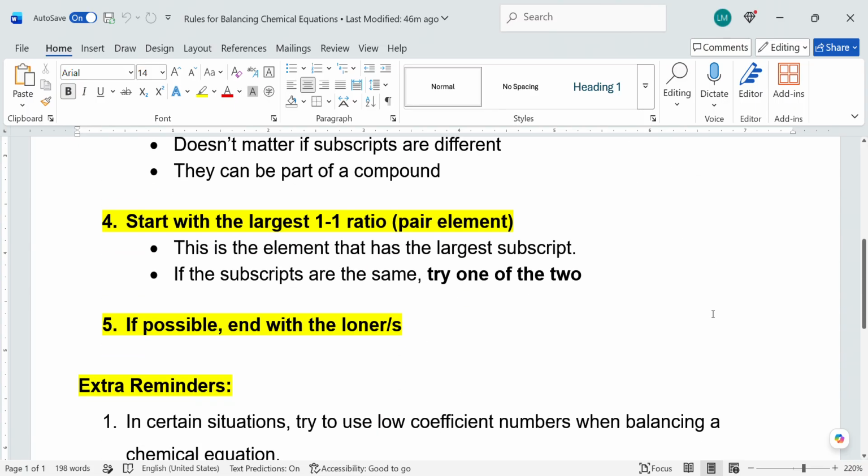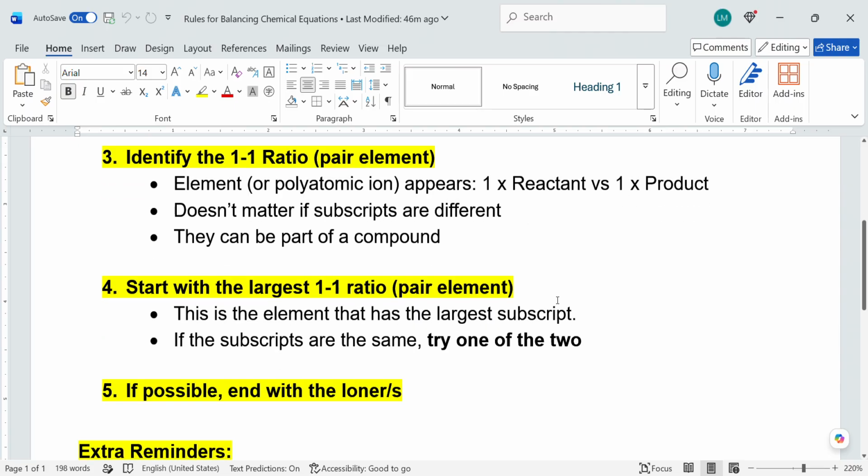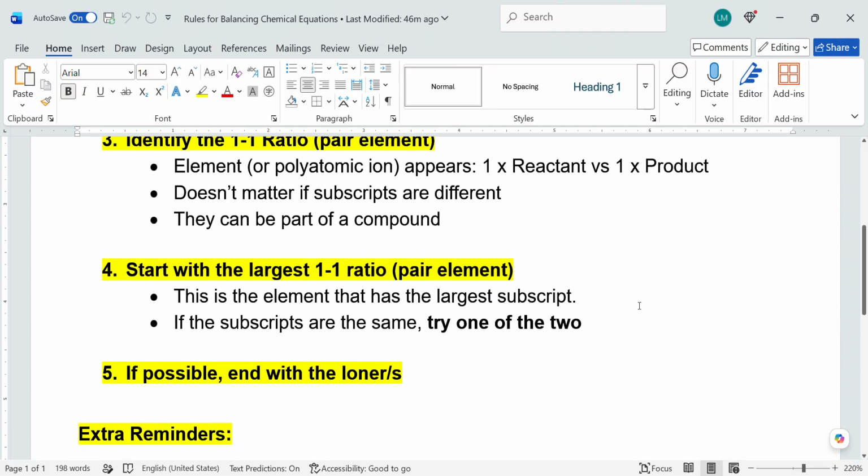The fourth step is to start with the largest 1:1 ratio, also known as the pair element, as mentioned in step 3. This is the element that has the largest subscript. There will be times where you will have elements that have the same subscript.